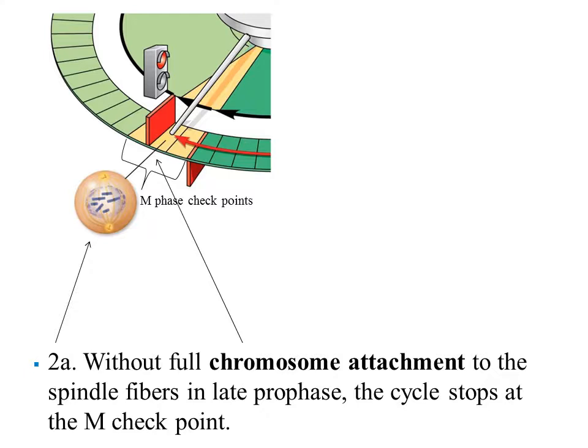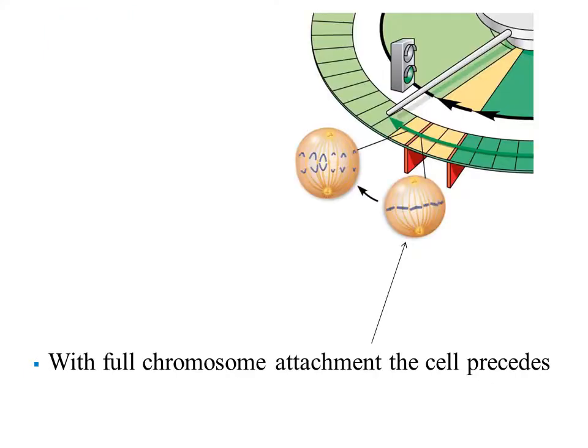When the wall comes down, the cell will proceed through the M checkpoint. So with full chromosome attachment, all 46 chromosomes have spindle fibers attached. The big wall comes down, green light, go. The cell will continue to go through the cell cycle.